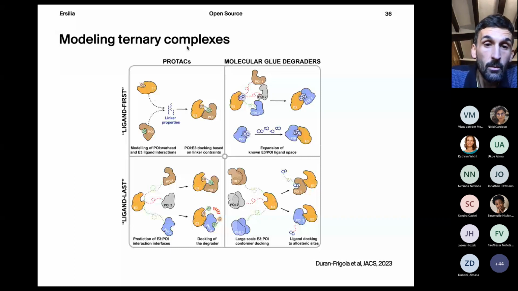Here you can see PROTACs, the first generation of targeted protein degradation molecules, but we can do exactly the same thing with molecular glues. Molecular glues are smaller and not bifunctional. PROTACs usually recognize the E3 on one side and the protein of interest on the other side. Molecular glues are more sticky, and they do the same thing with the core structure.